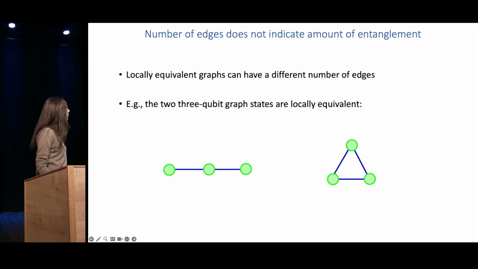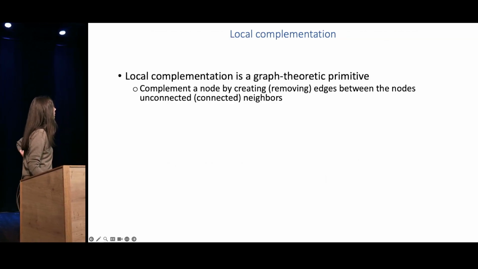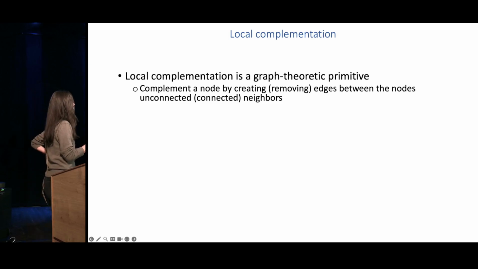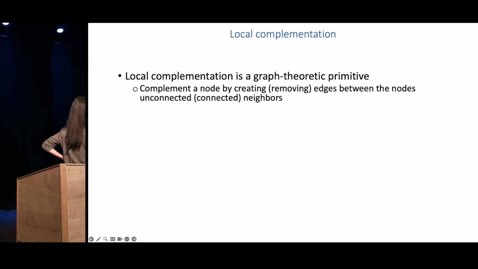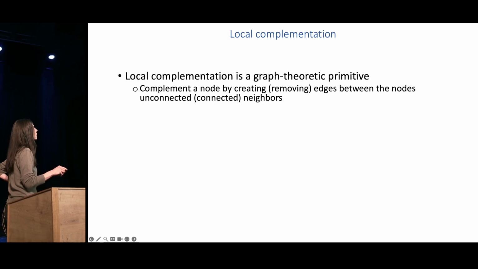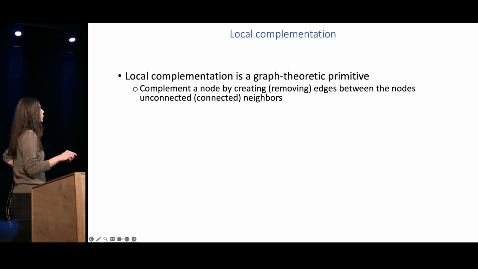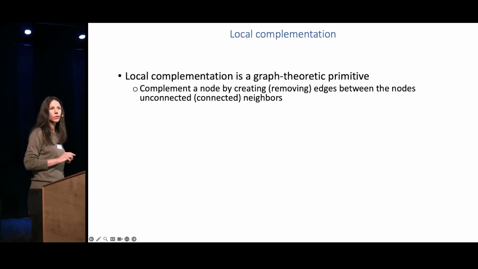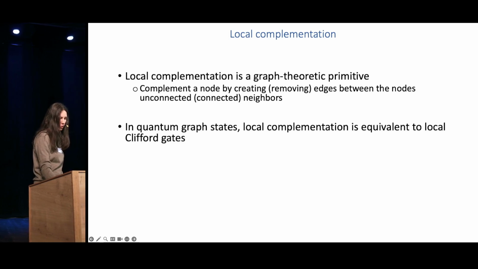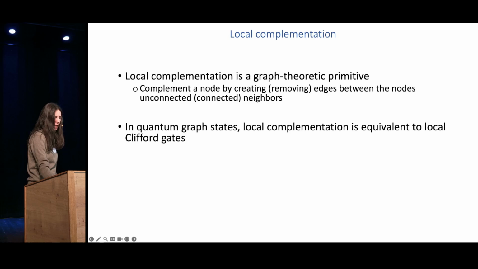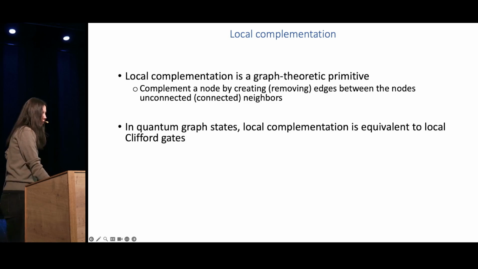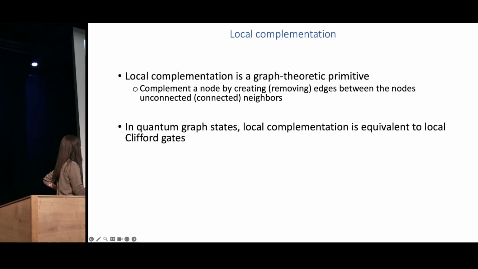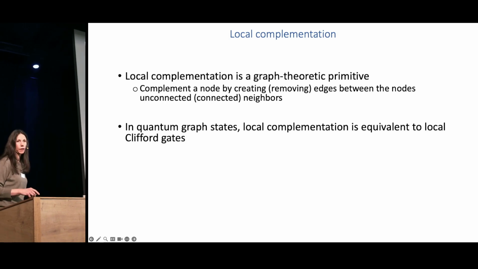Another primitive that comes also from graph theory is something called local complementation. And this is complementing a node by creating or removing edges between the nodes that are unconnected or connected neighbors. That's a mouthful, so let me show you an example in a minute. So in graph states, in the quantum context, local complementation is equivalent to local Clifford gates.